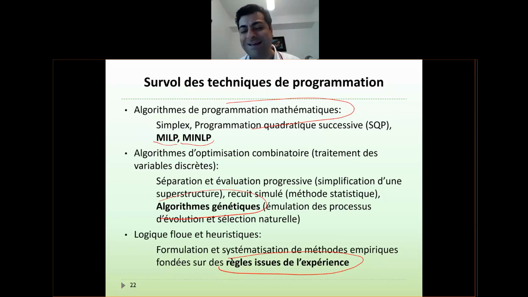I forgot fuzzy logic algorithms. So there are different sorts of algorithms to really optimize the water network in the system. I don't want to panic you, so don't worry, you are not going to do it for this course.